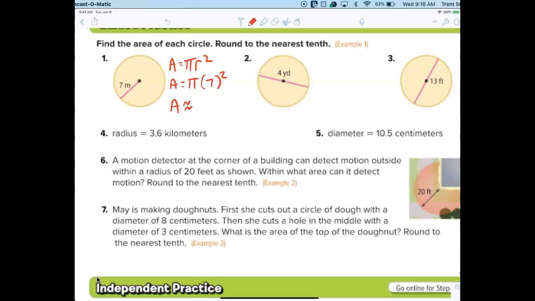The square button is generally the x squared button on your calculator. Find that and make sure you're using that. So Oscar, our area is what? 153.94. And you measure area with squares, so we say meters squared.